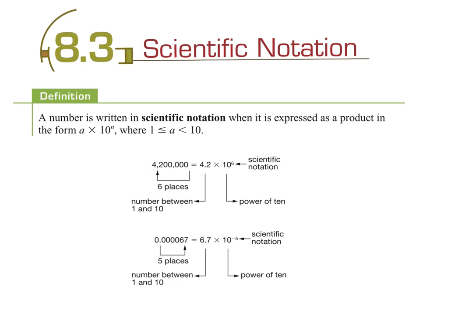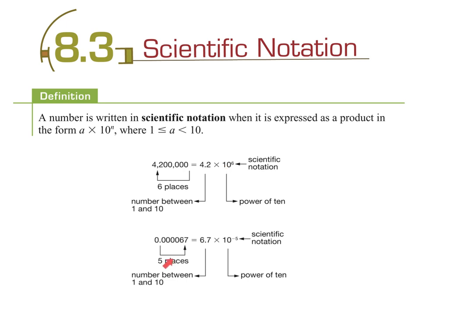And then we just have to count. Start from where the decimal was and count to where you're putting it. Well, I'm counting 1, 2, 3, 4, 5, 6 places, okay? So 4.2 is what made it between 1 and 10, and 6 decimal places is how much I moved it.